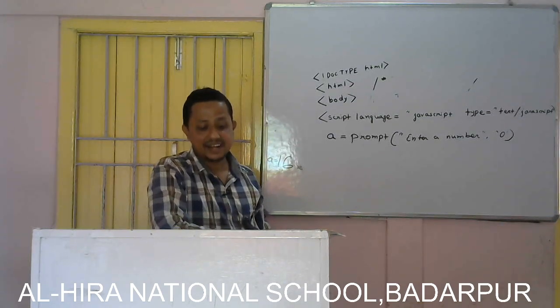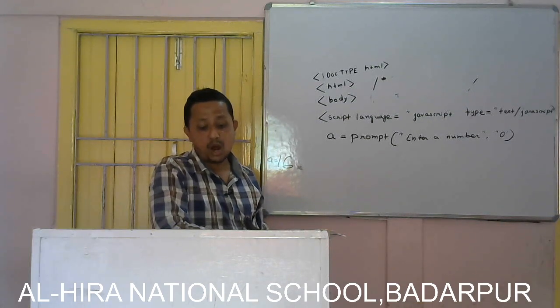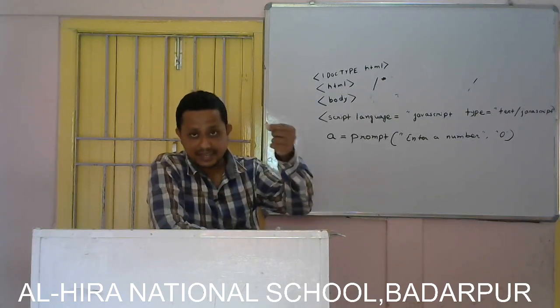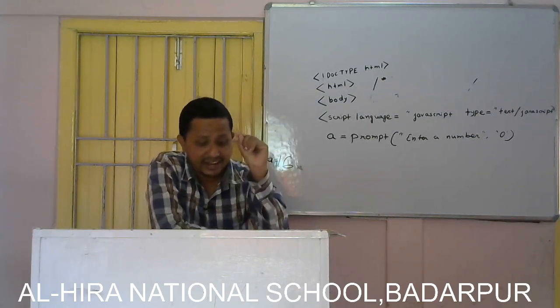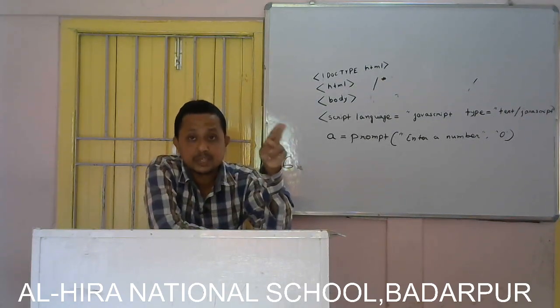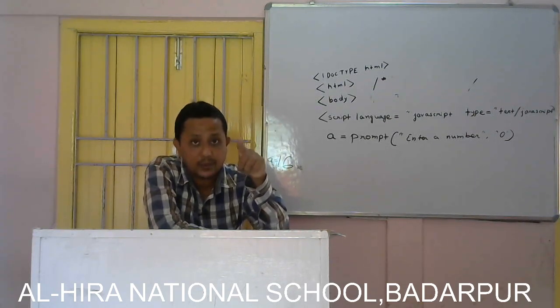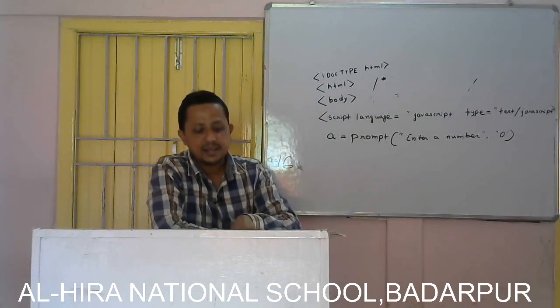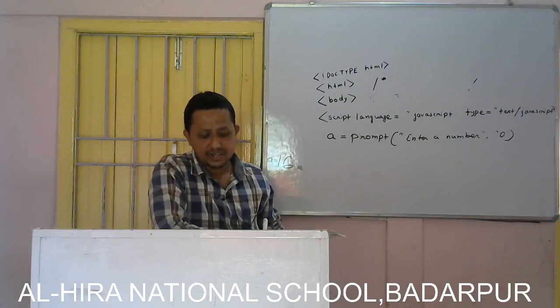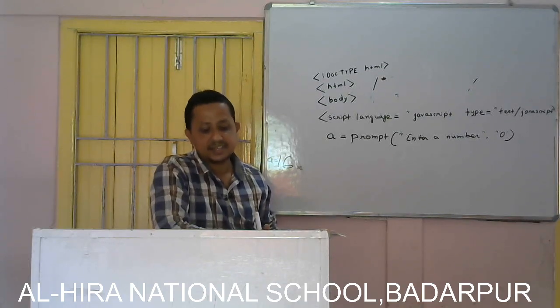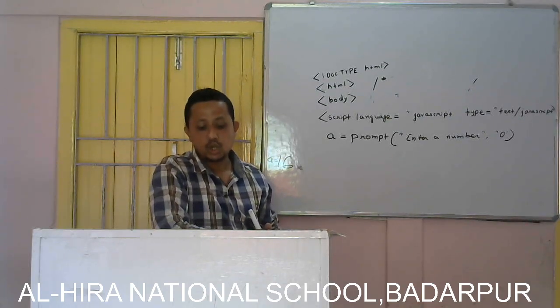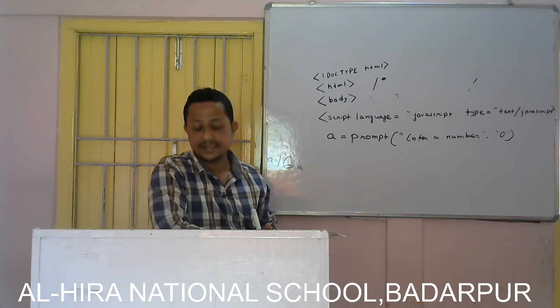var age, result. Now see, age is equal to prompt, enter your age. In figure 6.15 we have given the value 20. Now what will happen? The value of age will be 20. Now the condition: result is equal to age greater than 18, you are over 18 years.